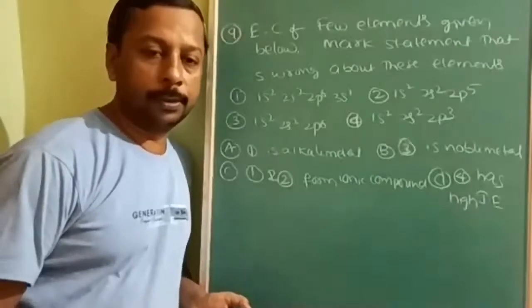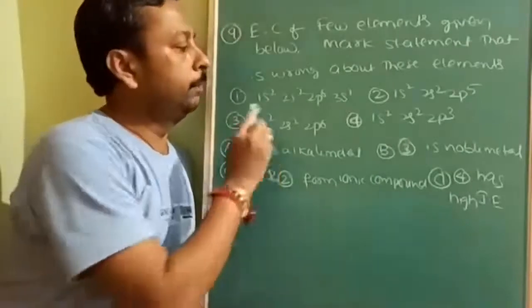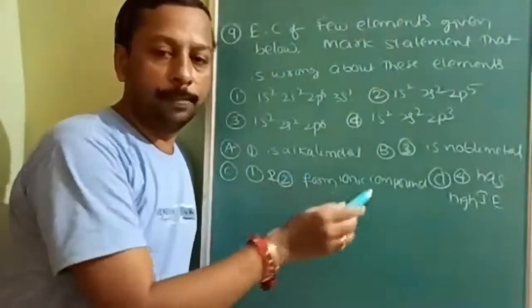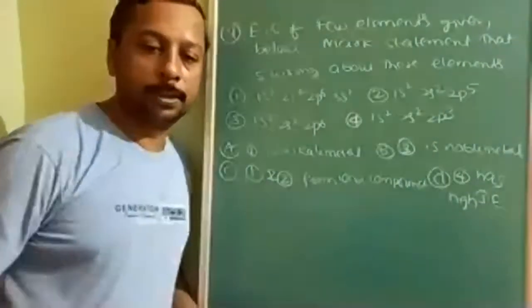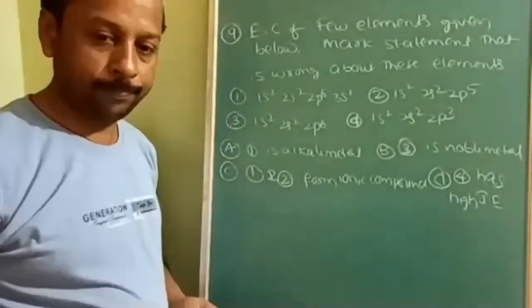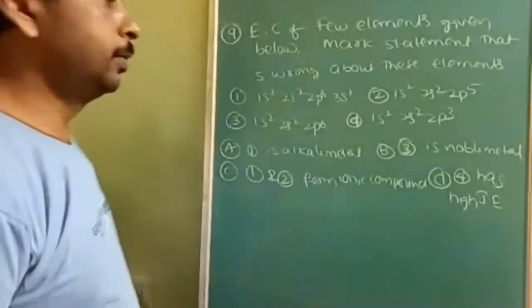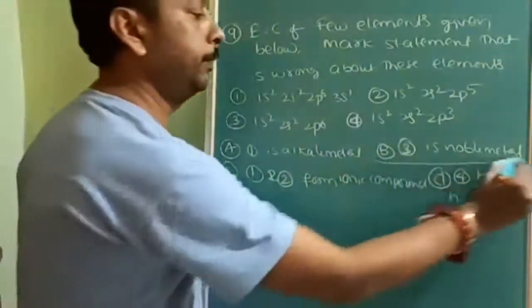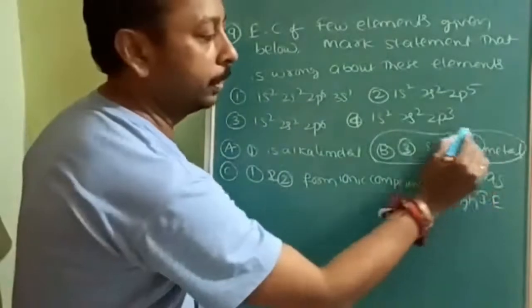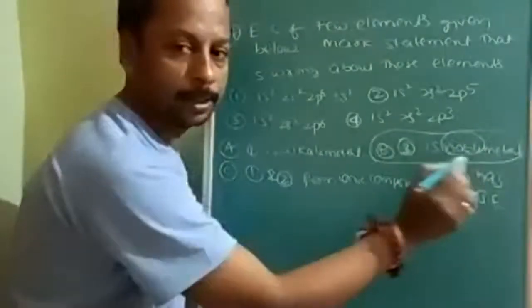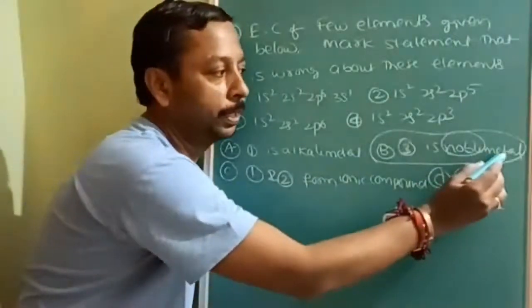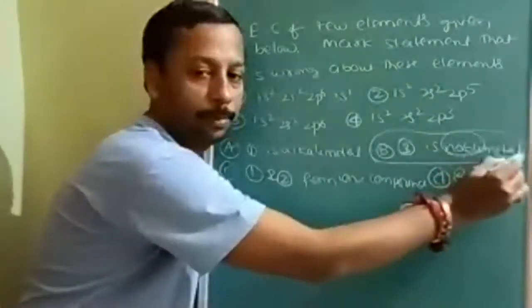Okay, in this question, the electronic configurations of 4 elements are given and their properties are mentioned in the options. You have to select which is correct and which is wrong. Okay, the answer to this question is B. Here, everybody thought noble, and then stopped thinking about it. It is not a noble gas, it is a noble metal.